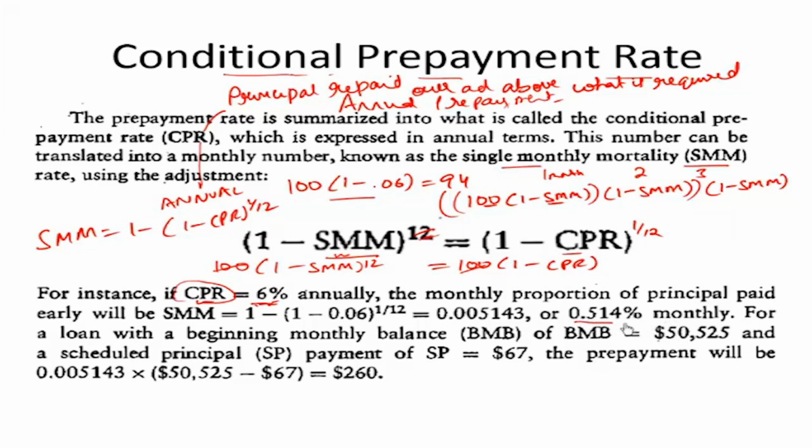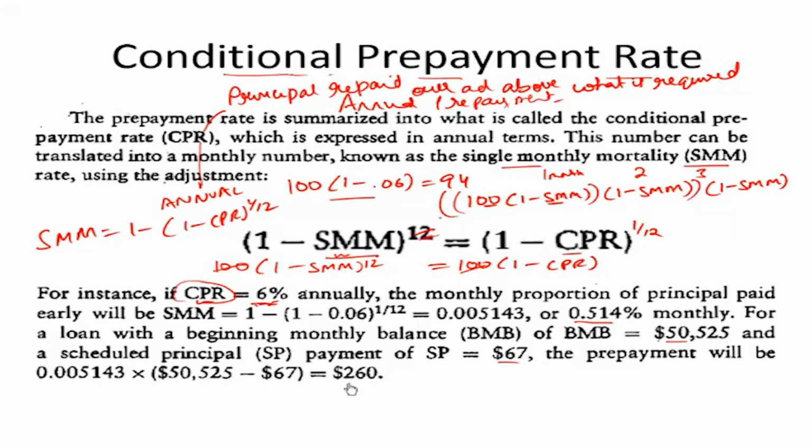So to understand what this means, if we had a loan with a beginning monthly balance of $50,000 and a scheduled repayment of $67, then the prepayment, that is the payment over and above what is scheduled, would be 0.005143 into the beginning balance minus whatever was the scheduled principal repayment.